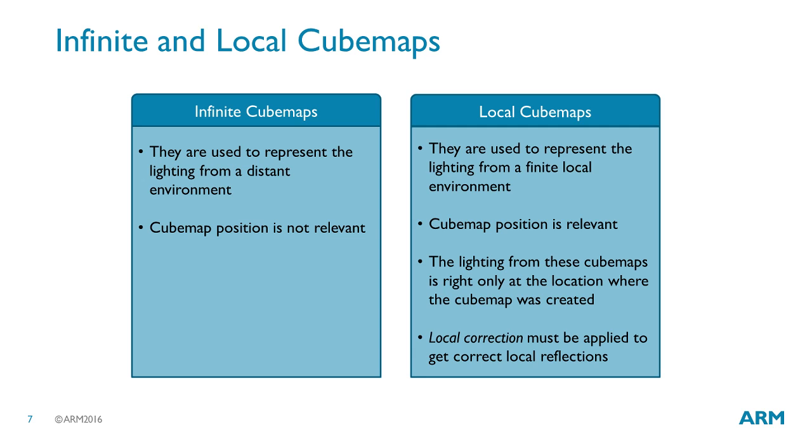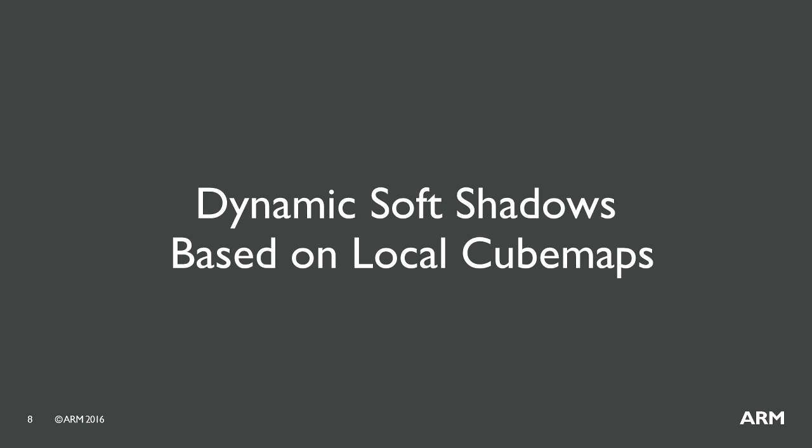But local cube maps, in the case of reflections, are good to implement reflections of objects that are near to the boundaries of the local environment. So let's see now how we use local cube maps to implement this new shadow rendering technique.